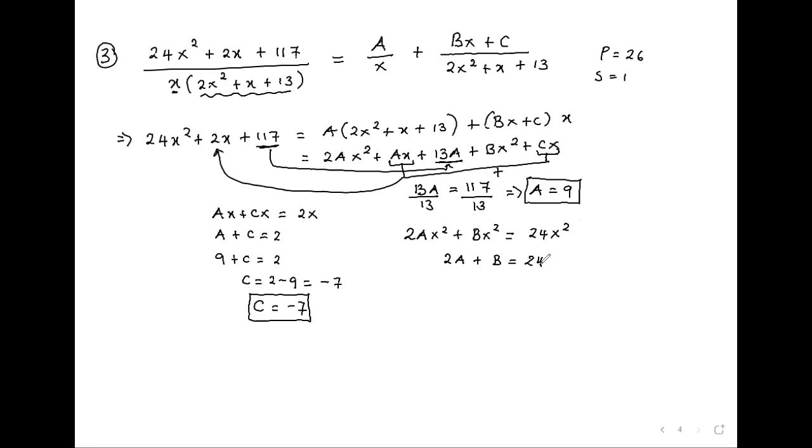Because we know a, we have 2 by 9 plus b is 24. So b is 24 minus 18. So b is equal to 6.